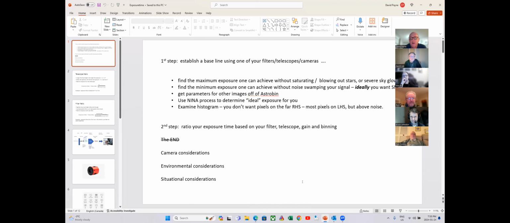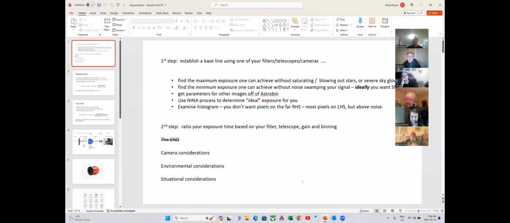You have to do a lot of experimentation and feeling, but really for a moderately bright target with some not huge stars in it, you really want to find a base exposure for your camera with a given gain.